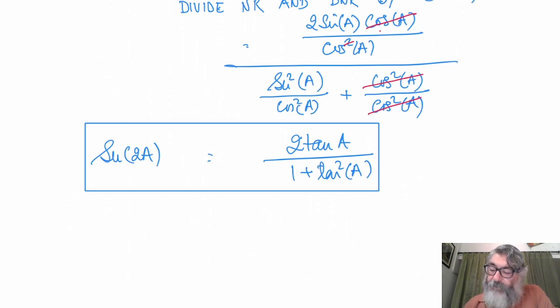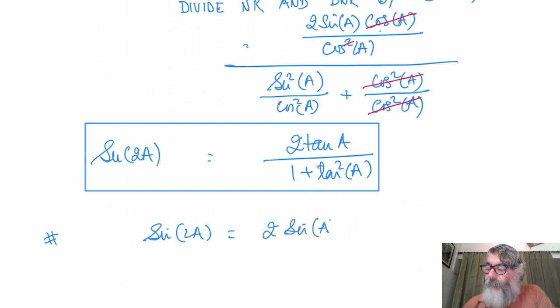One more thing. Like we are writing sin 2A as 2 sin A cos A, suppose it becomes sin A instead of sin 2A. The angle 2A was on the left hand side, and on the right hand side it was half of that.